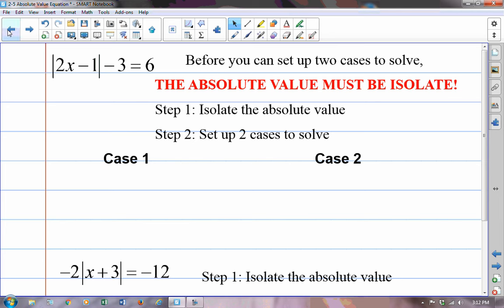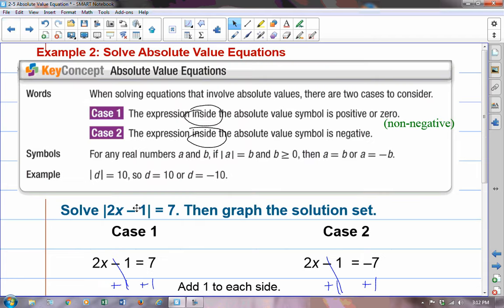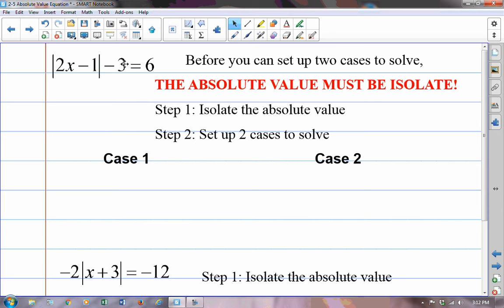It has to look like this other problem here, where there's nothing to the left or to the right, nothing being multiplied, nothing being added or subtracted, no division, just the absolute value all by itself. So in this case, we have this 3 being subtracted from the absolute value. So we're going to add 3 first. That's step 1. Isolate the absolute value.